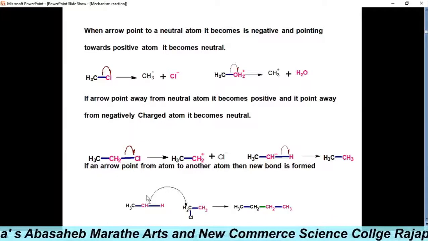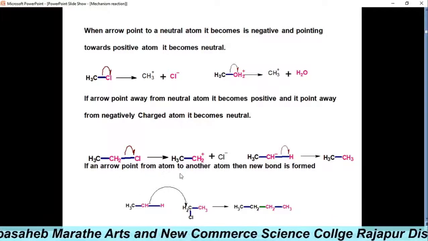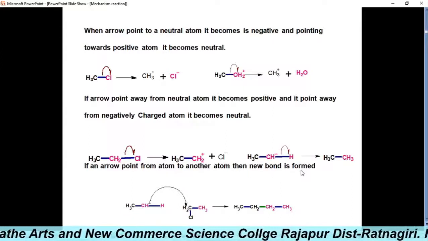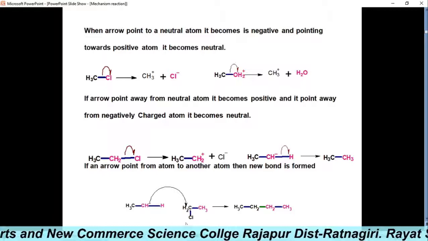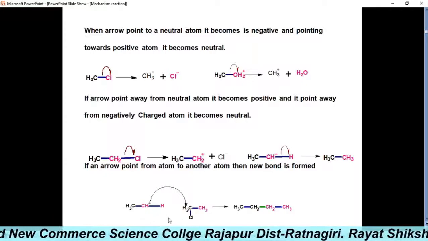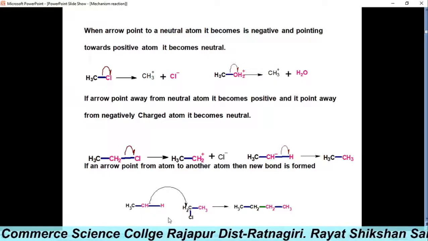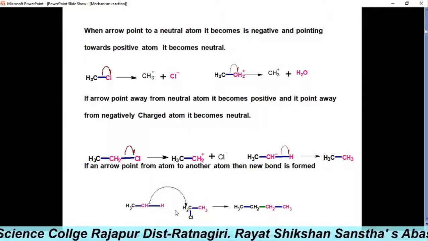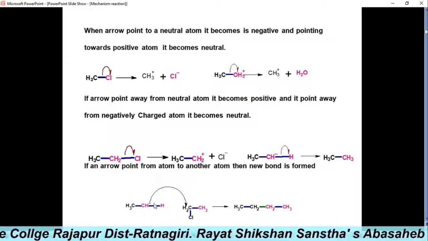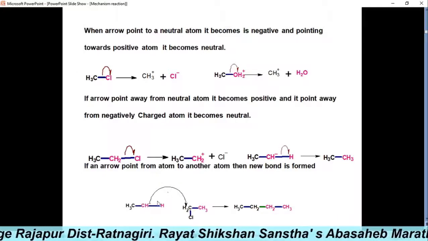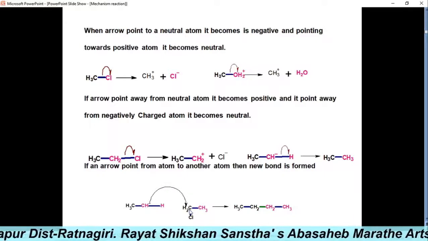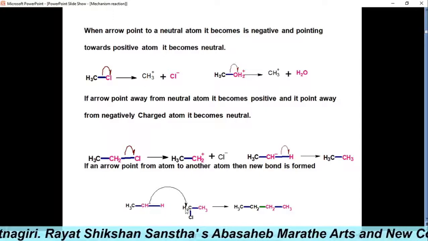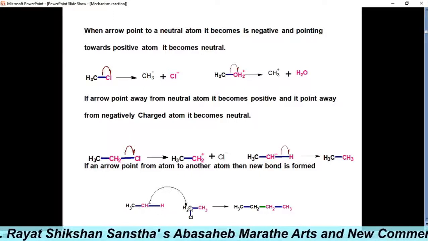If an arrow points from one atom to another atom, a new bond is formed. See here these examples. This hydrolysis of alkyl halides, or any other examples, clearly show this. The species with a negative charge attacks this carbon and replaces Cl to form the bond between these two molecules.